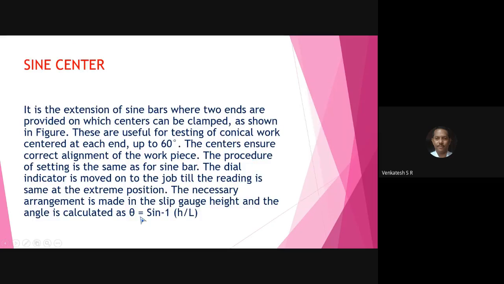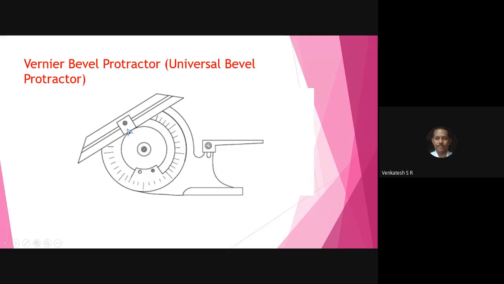That is, theta equals sine inverse of h divided by L. Then this is the vernier bevel protractor. You have to use this universal bevel protractor for measurement of taper in the metrology laboratory.